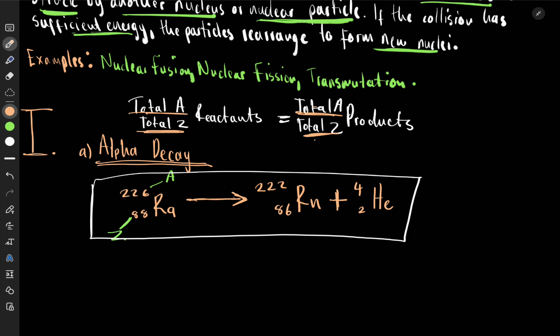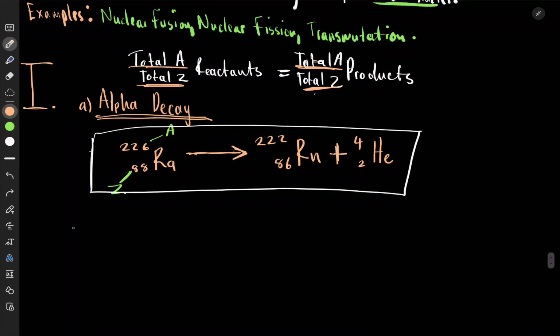So we'll add the top numbers. Here we have 226. Here it'll be 222 and 4, which leads to 226. Then here we have again 88. Here we have 86 and 2, which go to 88. So this is how we can see that the numbers on the left are exactly the same as the numbers on the right. The top values of the reactants are the same as the top values of the products. This would be our alpha decay.